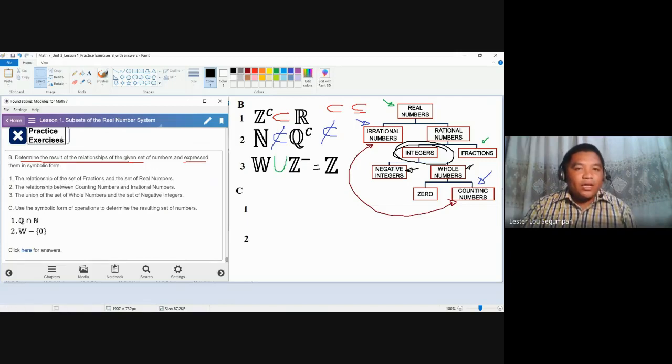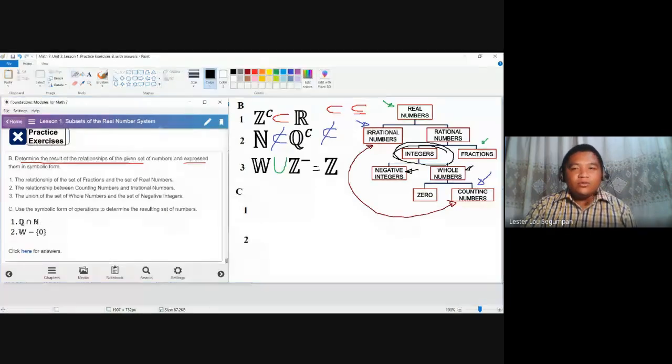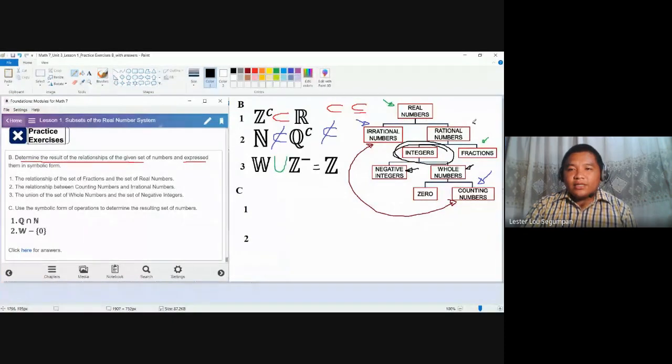Number one, Q, the rational numbers, intersection with N, which is counting numbers. We are trying to find the common elements. Again, the intersection talks about the common. So we are trying to find the intersection, or the common elements, of rational numbers and counting numbers.